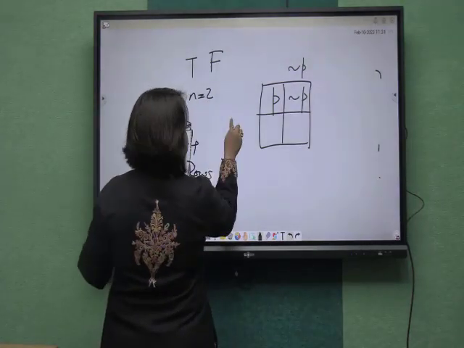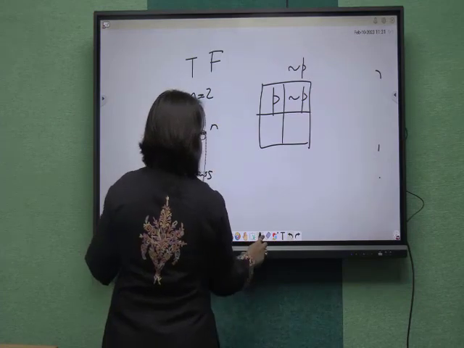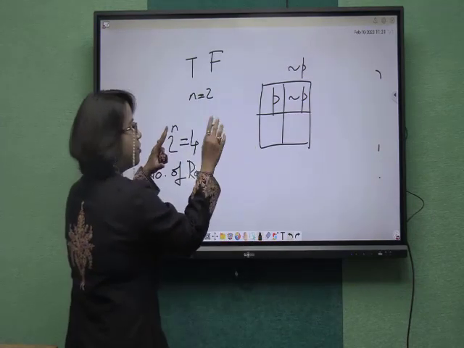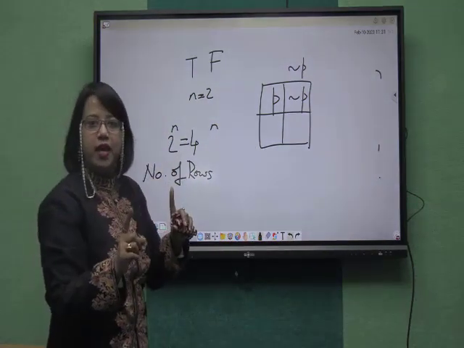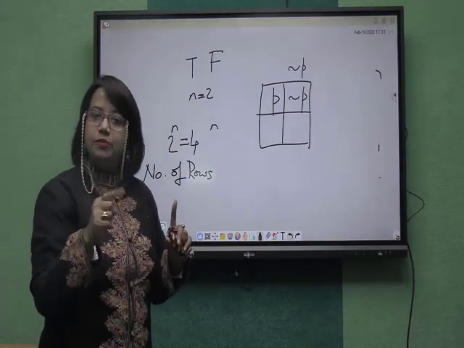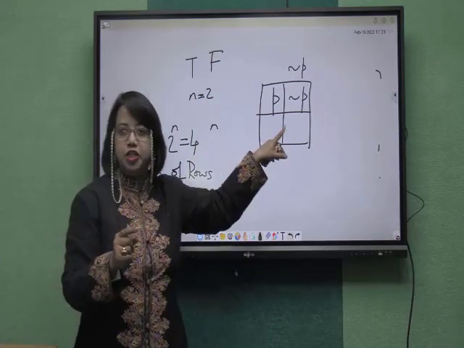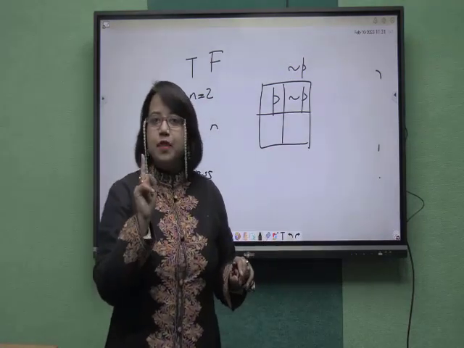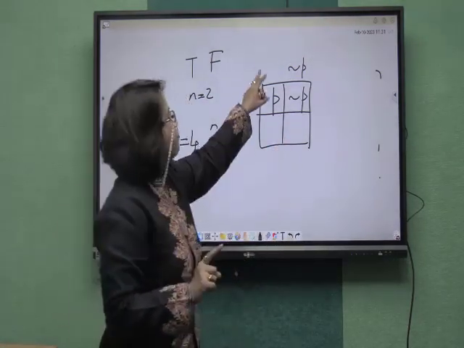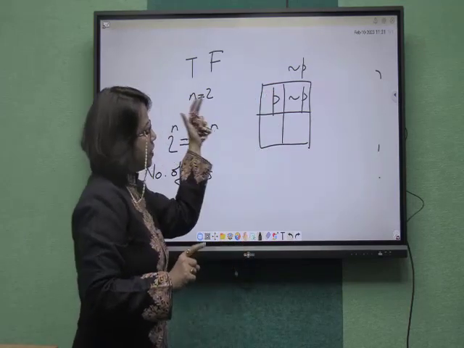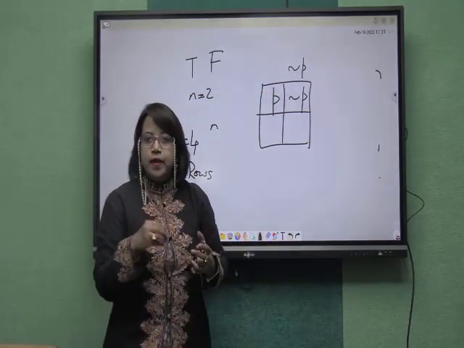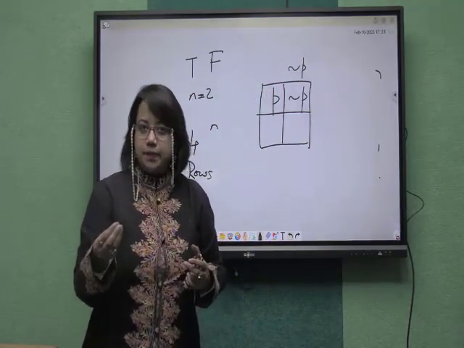What is going to be the value of n? N is the number of variables. How many variables do we have here? It's 1. Sometimes students get confused about it. They feel we have 2 variables, P and negation P. No, the variable is 1. Okay, so the function we're trying to represent, we have to break it down into its constituent parts, right?